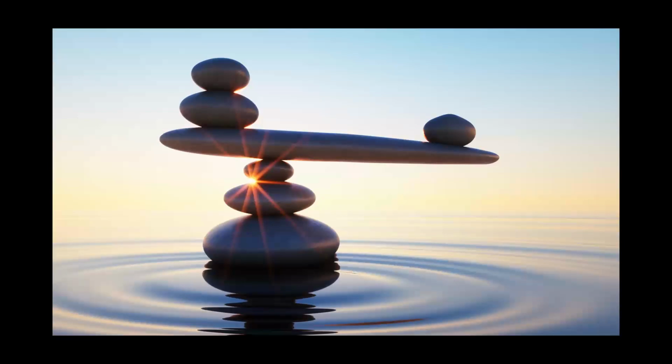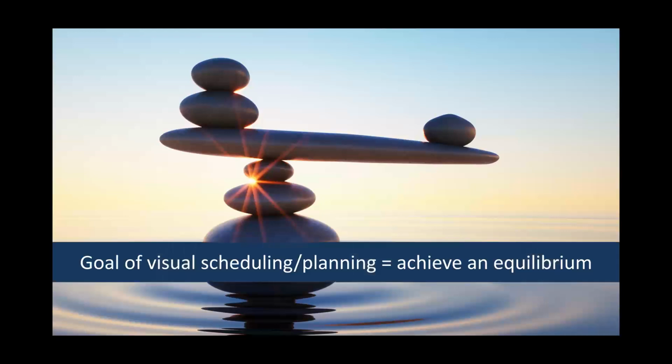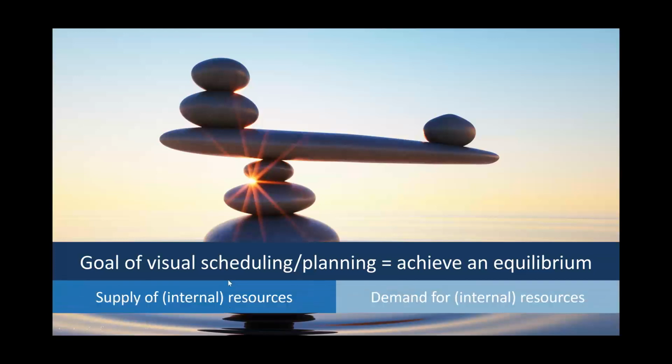I ran a webinar on Tuesday where I talked about production scheduling, so I borrowed the slide from this webinar, because when it comes to visual scheduling or visual planning, the purpose of any scheduling or planning activity is to achieve an equilibrium. So to achieve a balance between two sides, and the two sides that you really want to balance with planning or with scheduling are your supply of internal resources and the demand for the internal resources, right?